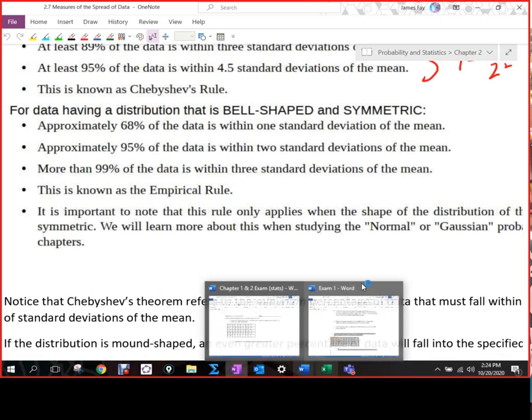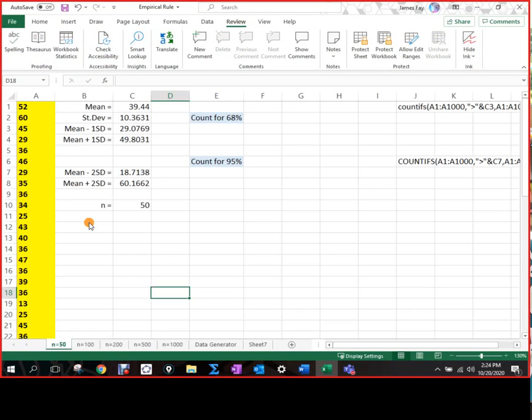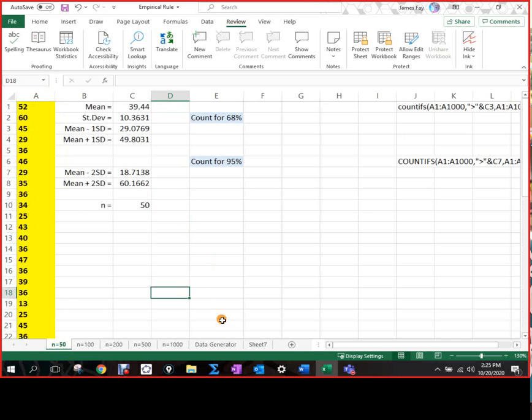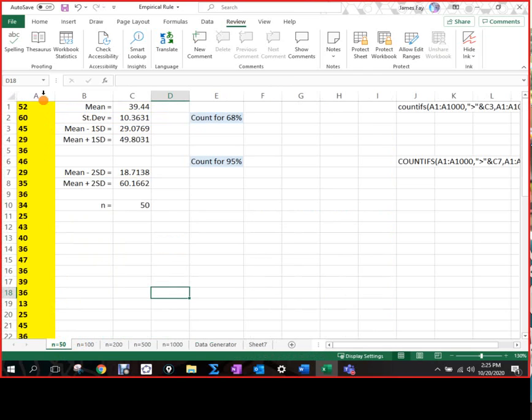What I've done in your email, you don't have to open it now, but you can mess around with this. I sent you one this morning that had an empirical rule Excel sheet on it, and it should look like this. It allows us to take 50 pieces of data, randomly generated by this sheet right here, which I cut and pasted into these individual sheets.